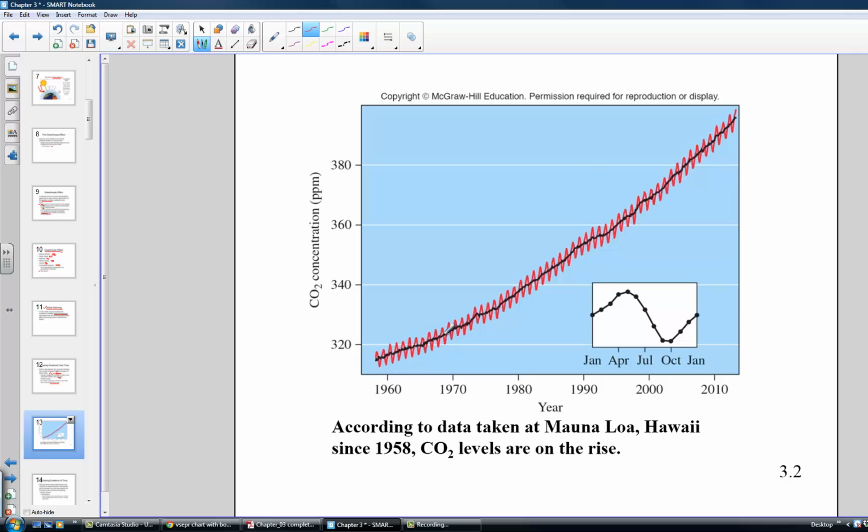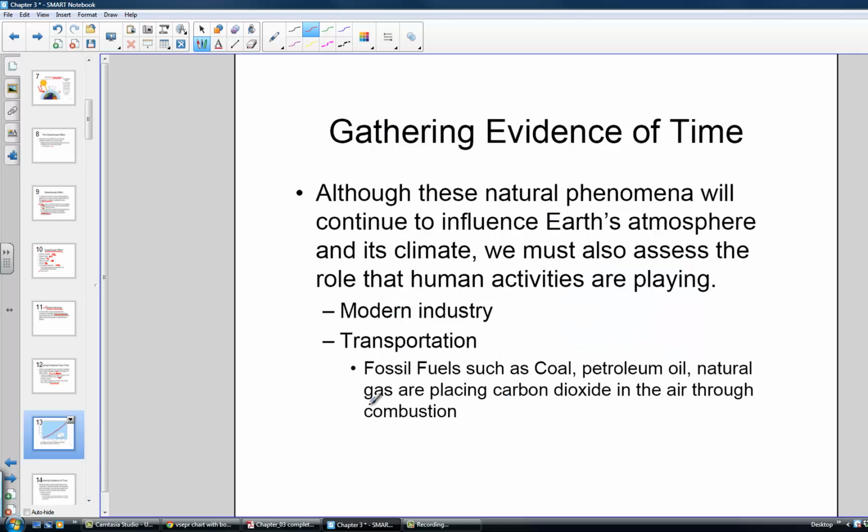See, there's natural fluctuations, but as a general trend, what is the trend that we see? Well, there is a significant rise of carbon dioxide in our atmosphere since 1958 when we started recording at this particular site to after 2010 when we saw this graph created. More than just a natural cycle, we have something else going on.